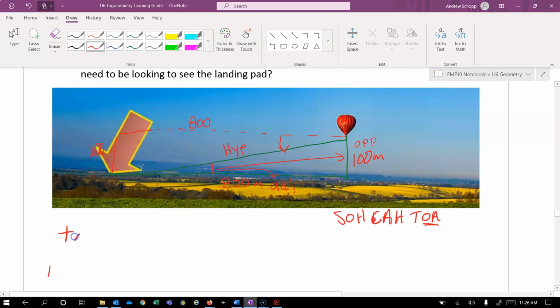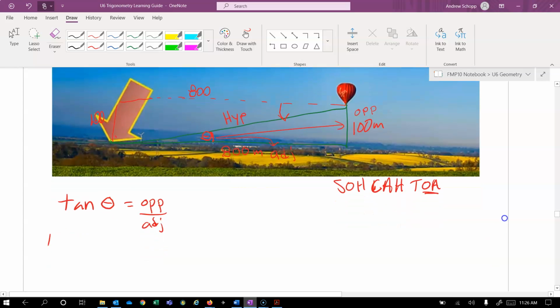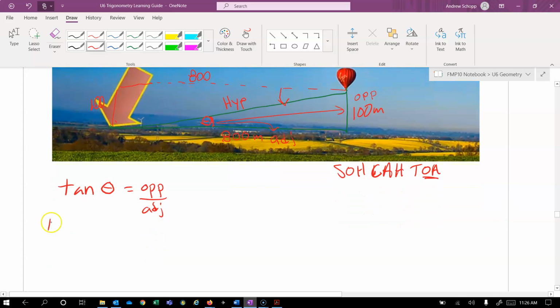So we would say the tangent of this angle, I'll use theta, that little Greek symbol to represent an angle, is equal to opposite over adjacent. And when we substitute in the values we know, we have the tangent of theta is equal to 100 over 800.